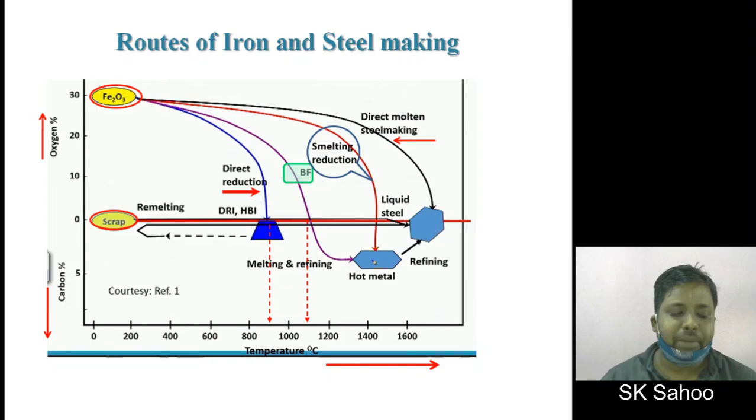Secondly, we have to look forward to processes that utilize lean ores, that means ores having less amount of metallic values, along with non-metallurgical coals from which we cannot produce coke, as the higher grade ores and coals are depleting day by day. Along with this, waste utilization should also be aimed at.